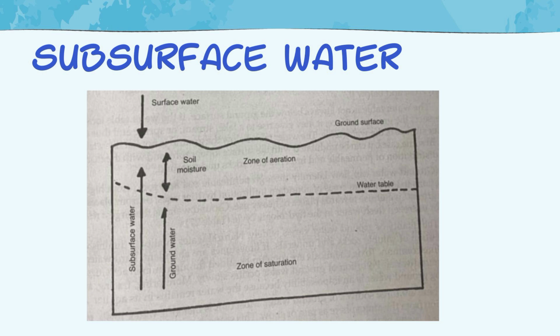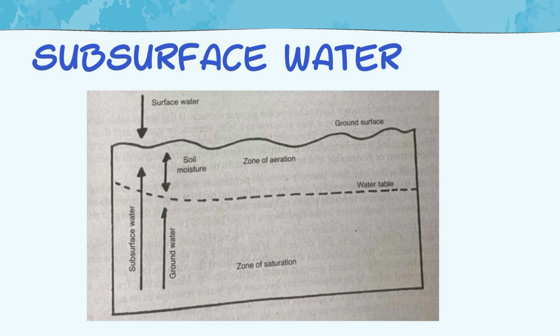Surface water explains how water infiltrates permeable soil and moves downward until reaching an impermeable layer. Above this layer is the zone of saturation, where all pore spaces are filled with water.